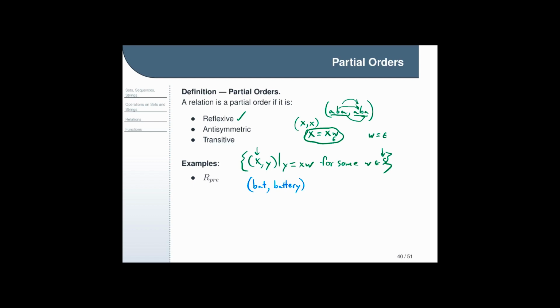That's even better, we'll have real words we can use. Then I have another relation between batter and battery. And then the question is: is bat related to battery? Is it a prefix of battery? And yes, it is.